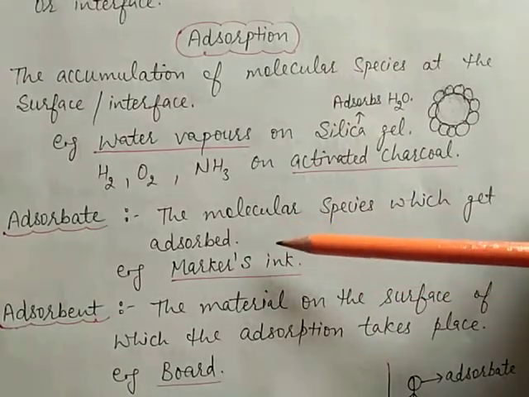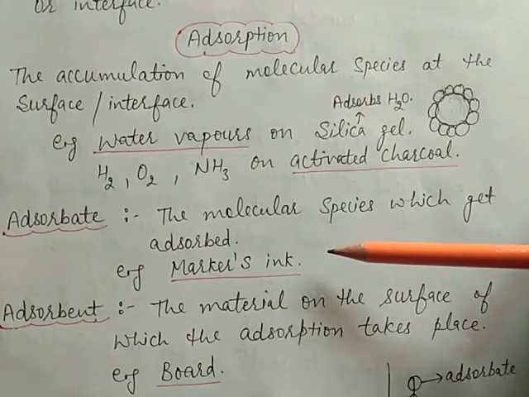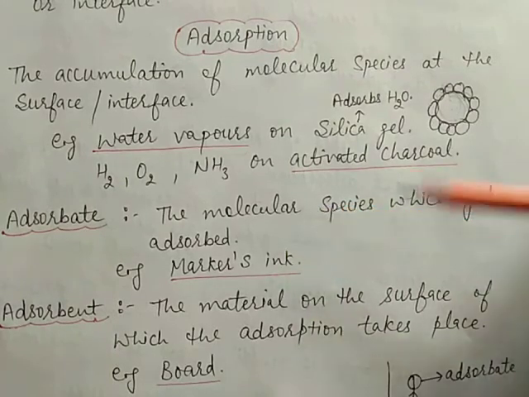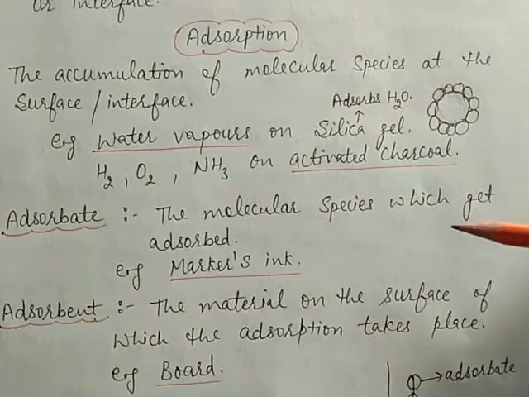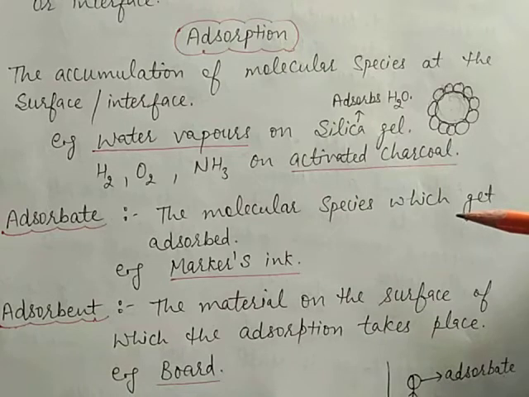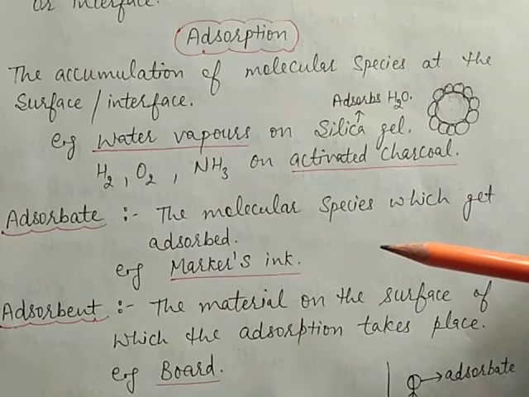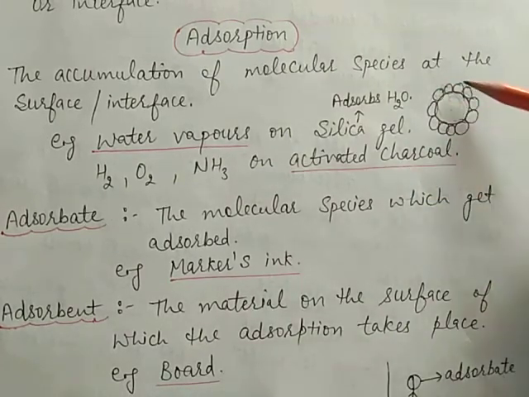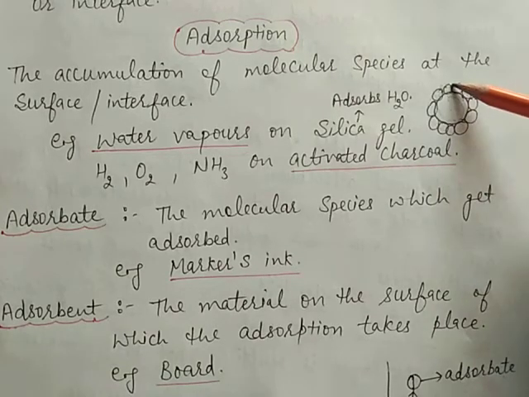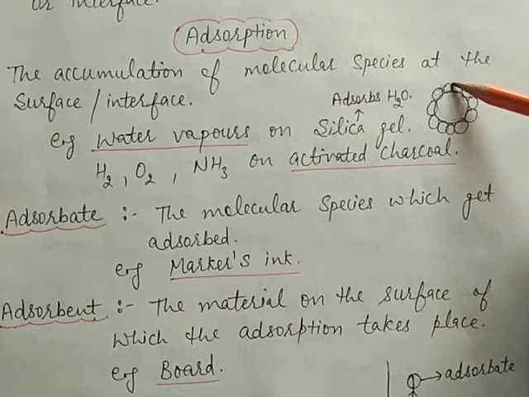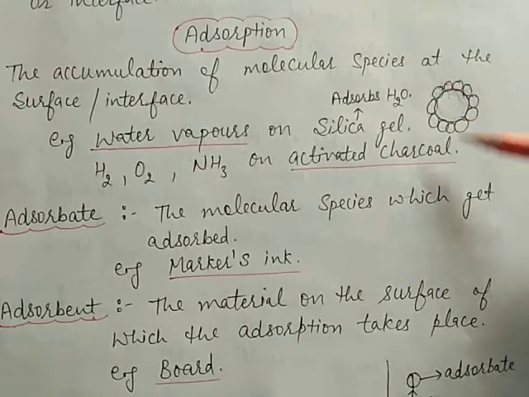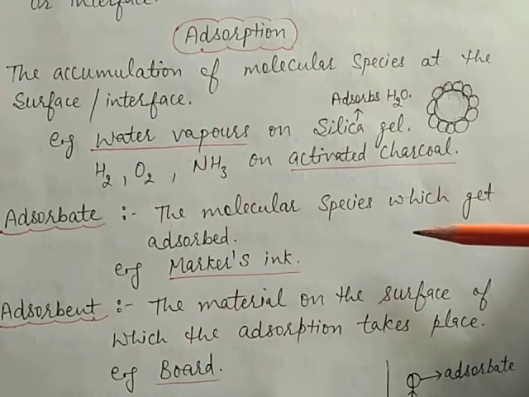It means on the board we use marker or chalk. So the ink of the marker is adsorbed on the surface of the board, not inside the board. So here the process is adsorption.